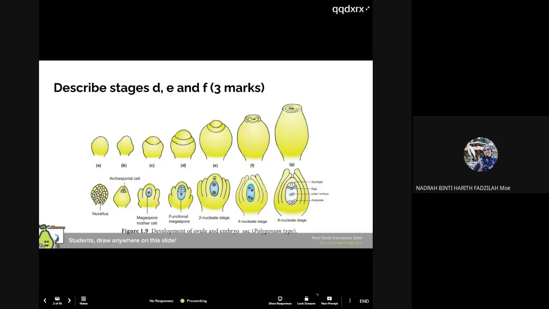So kalau dekat di bahagian luar kita nampak macam gambar di atas lah. When we do a cross section, this is what we see. Baris bawah tu. So based on the diagram, can you explain stage D, E, F saja? Can you explain stage D, E, F?